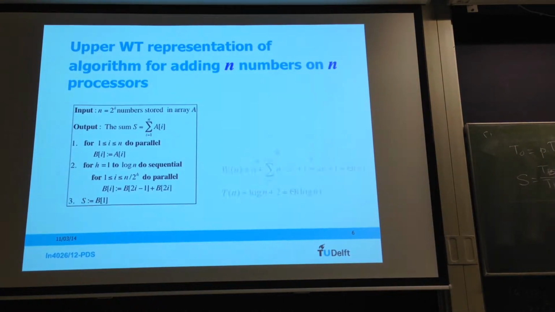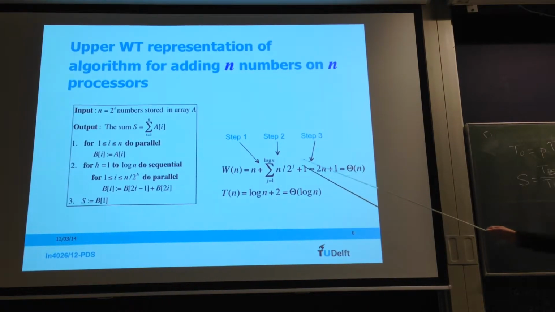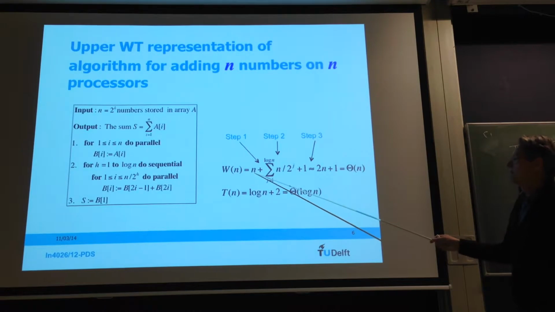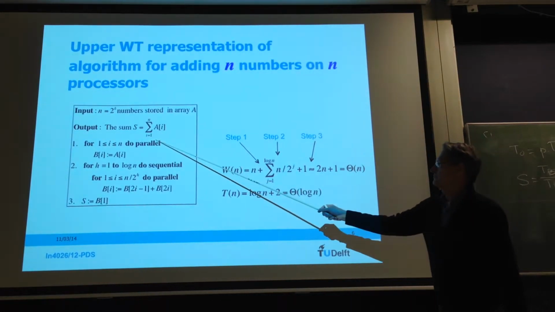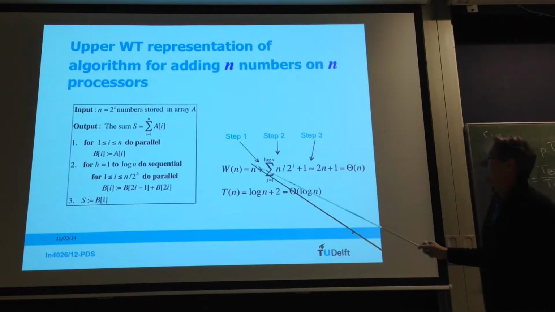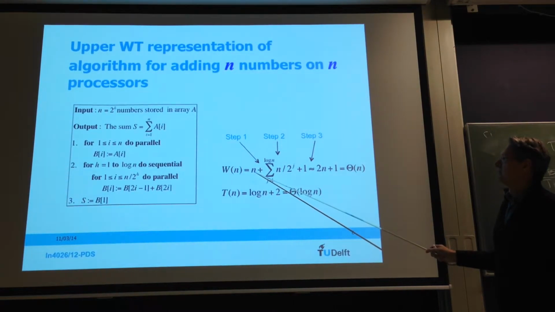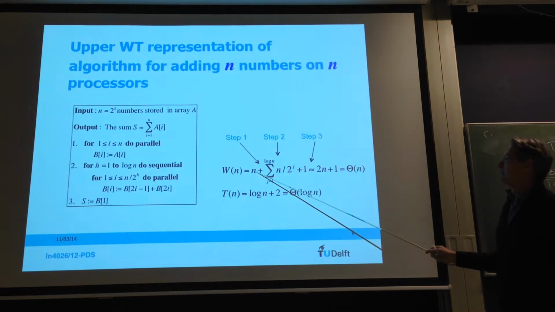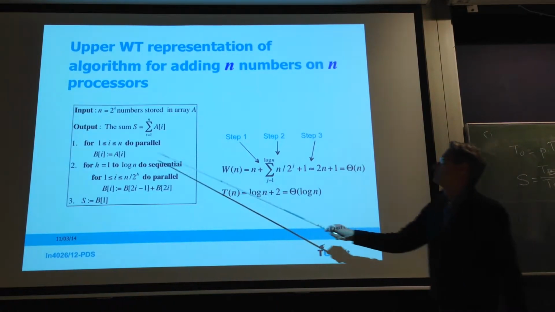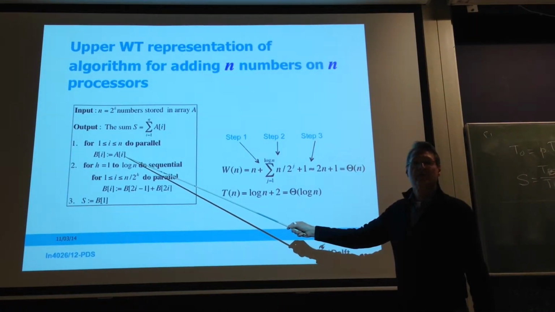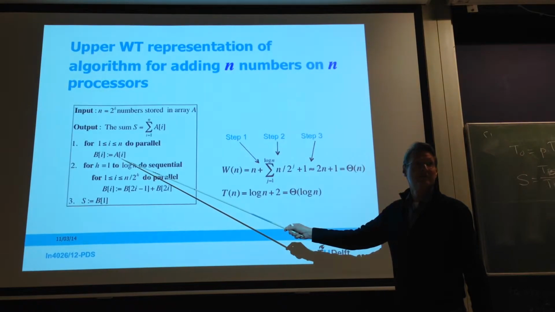Now if we write the amount of work here, then we see that this first one is equivalent to n steps, because if we would do this sequentially, we have n steps to do in this part.